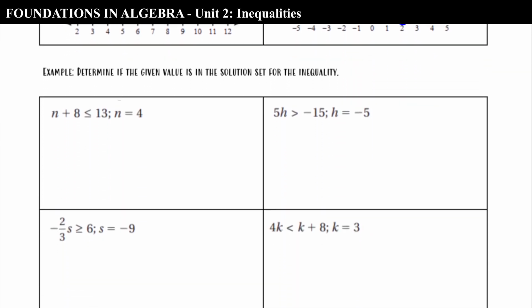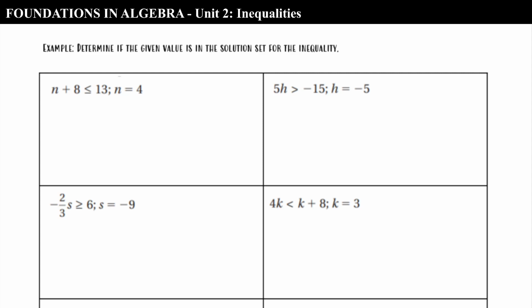Now, before we wrap up this section, let's look at some examples here. If we're given a value, let's determine if that value is indeed in the solution set for the inequality. So we'll do that by plugging the value we're given into the inequality and see if we get a true or false statement.